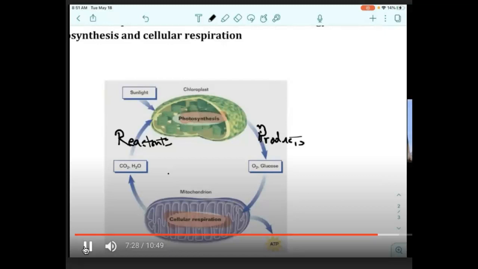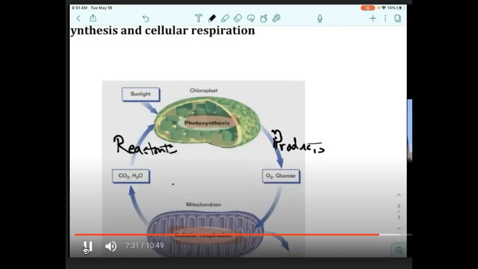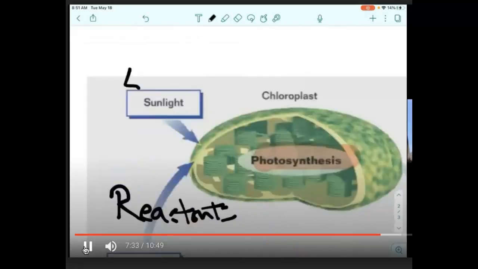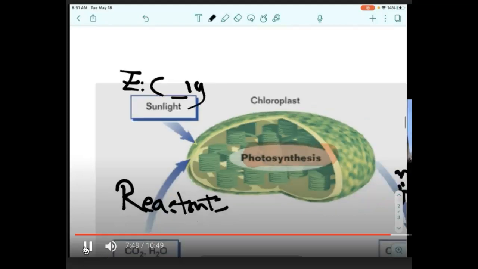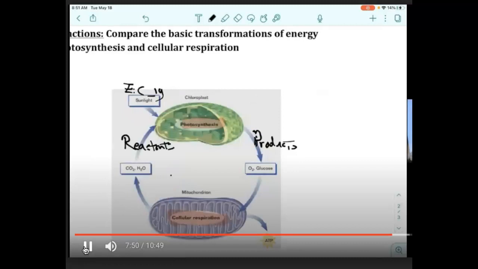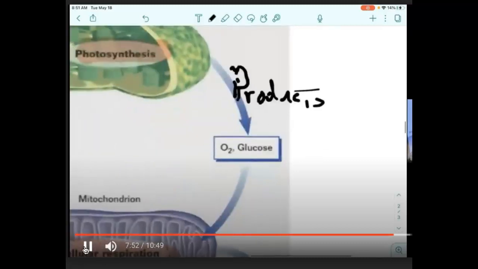Remember, the sun's energy is what supplies the energy. Let's jot that down. That's the word energy. I thought if I don't lift up my finger, maybe it will be better, but it's worse. Let me try again. Yes, much worse. Energy. Remember, glucose is also a high energy molecule.